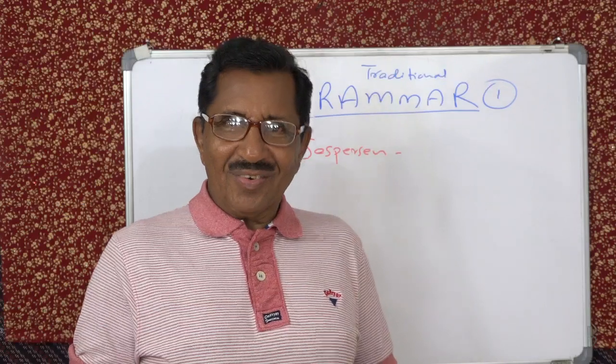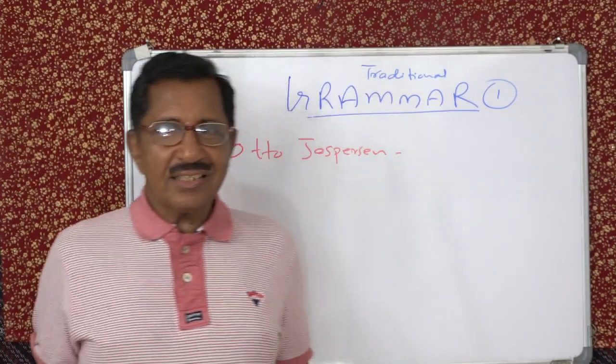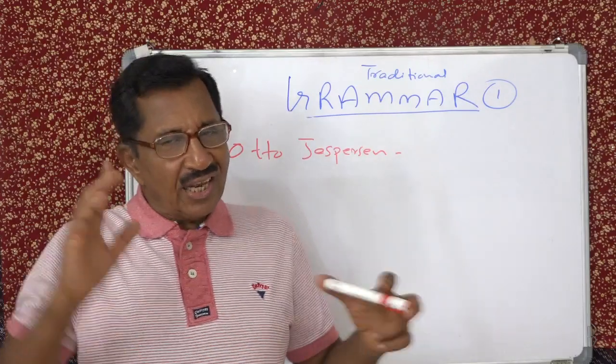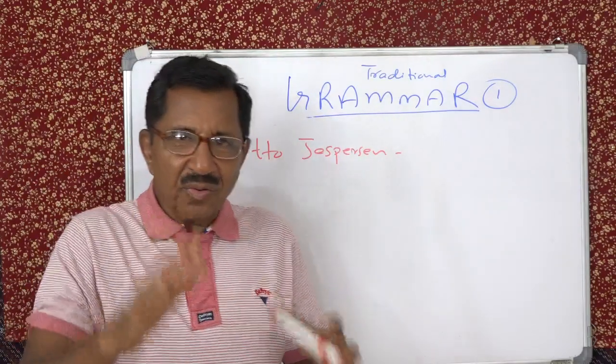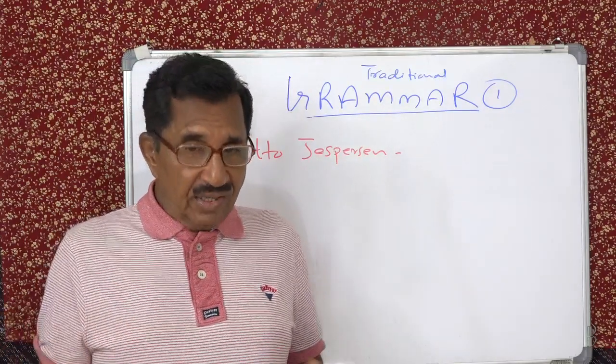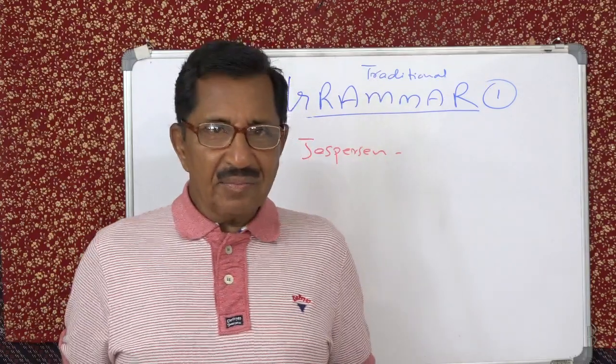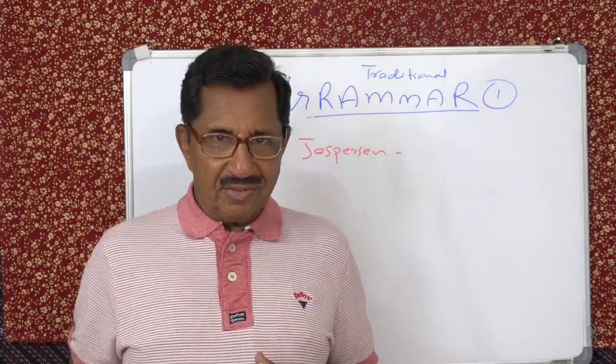That is very interesting. Rules are necessary, especially for those who are learning English as a second language. Rules are a must. You have to obey rules. So there are people in this 20th century supporting traditional grammars and rule-based grammars.